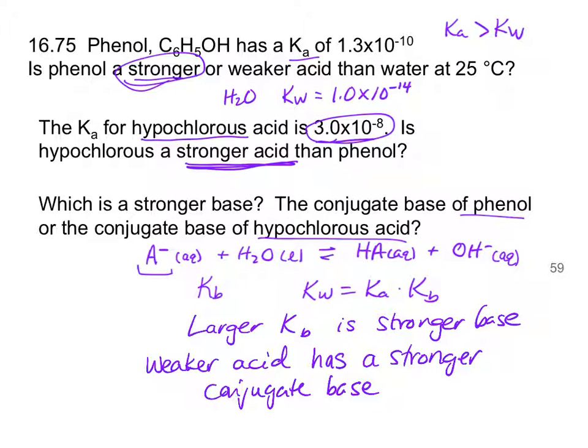And that's because the conjugate base is more likely to pick up a proton to reform the acid and OH-. Okay, so for this question, the weaker acid is phenol, with 1.3 times 10 to the minus 10 Ka. So its conjugate base is stronger than hypochlorous acid.